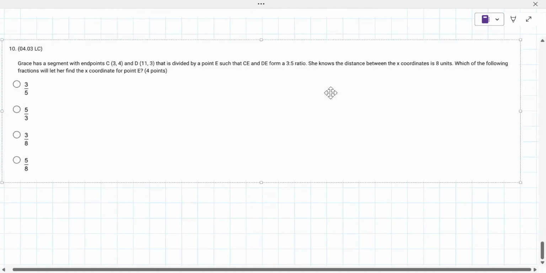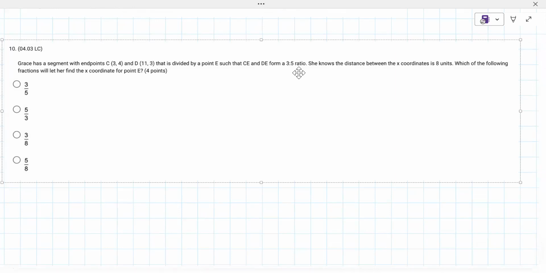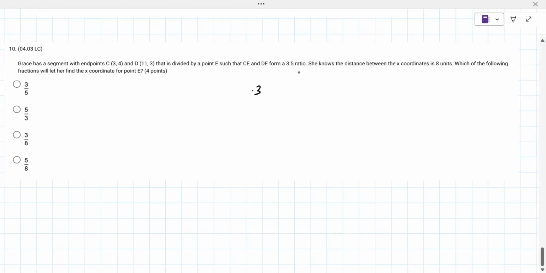All right, so Grace has a segment with endpoints (3, 4) and (11, 3), divided by point E such that B and E form a 3:5 ratio. She has the distance between the X coordinates as 8 units. Which of the following fractions will let her find the X coordinate for point E? Okay, so they're saying it's 3/5.